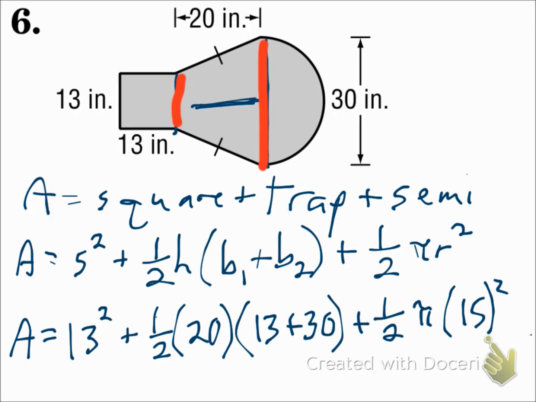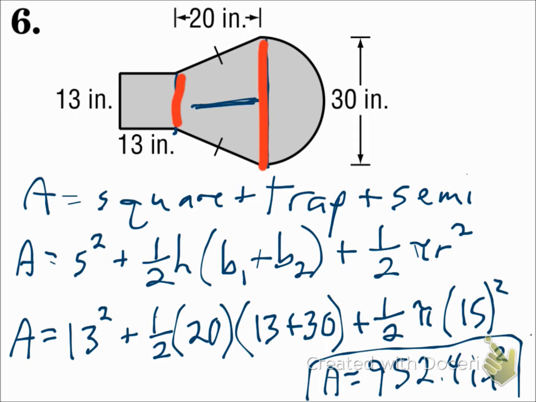I'll punch all that in. 952.4, and that will be inches squared. So determine what shapes you have. Use the area formula for each shape, substitute the values in, and add them all together.